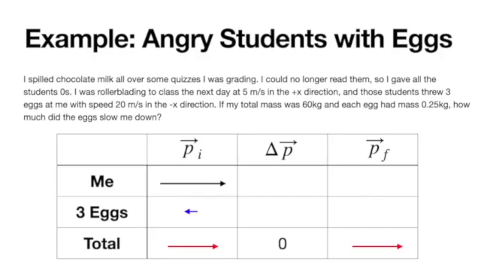We go back to our momentum chart. We know this is our total. We know my momentum and the eggs' momentum are moving in the same direction, right? Because we're attached, we have the same velocity. The momenta are going to be different lengths because we have different masses, and we found that my momentum is about 80 times larger in magnitude than the eggs'. So we could technically write a system of equations to solve it.